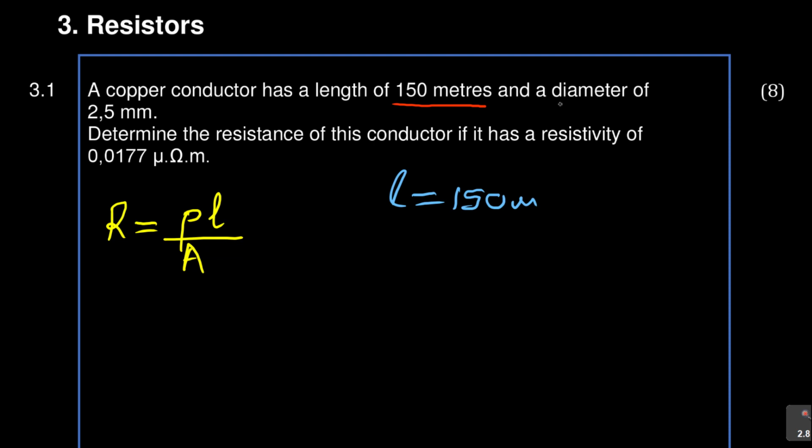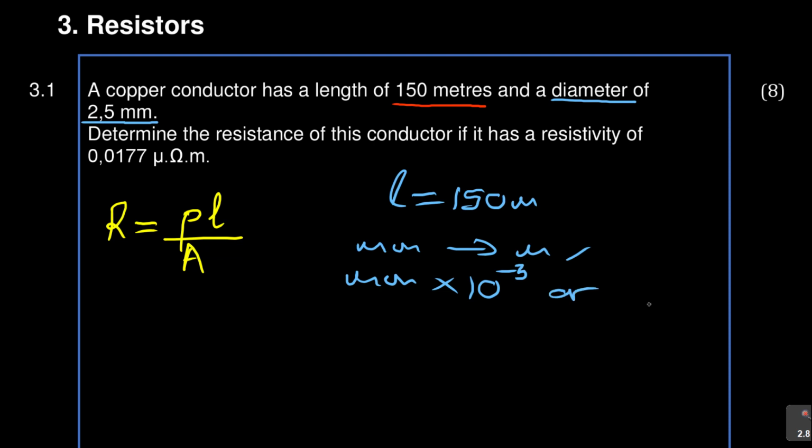Look at the next one now. Diameter of 2,5 millimeters. Now we have a problem there. 2,5 millimeters, which means we have to convert it to meters. You know how you convert millimeters to meters: you multiply millimeters times 10 to the power negative 3, or you divide them by 1,000.